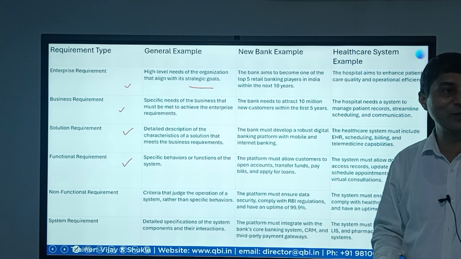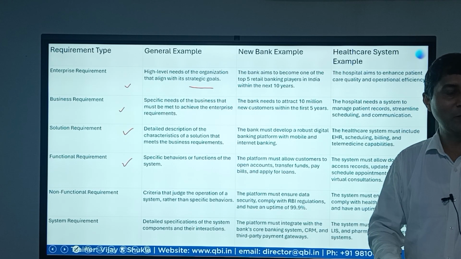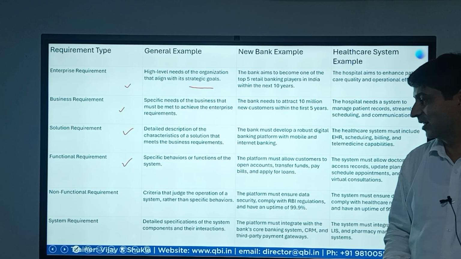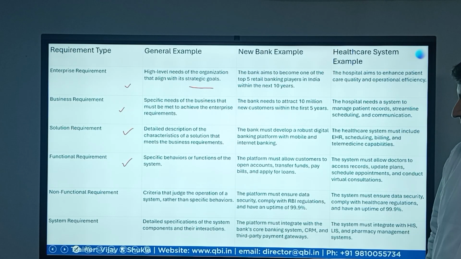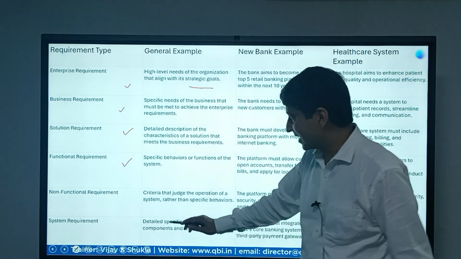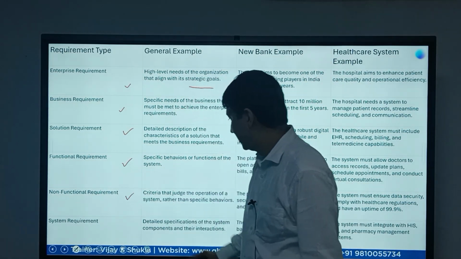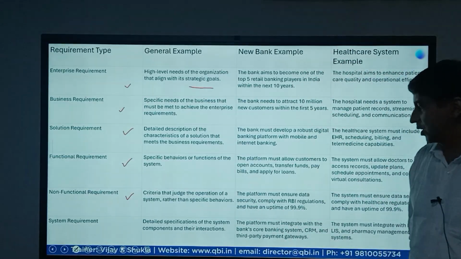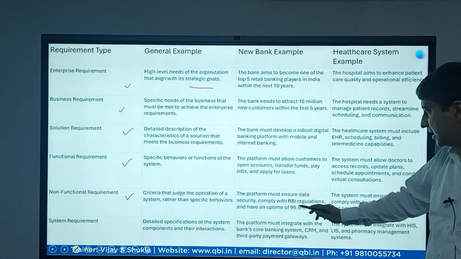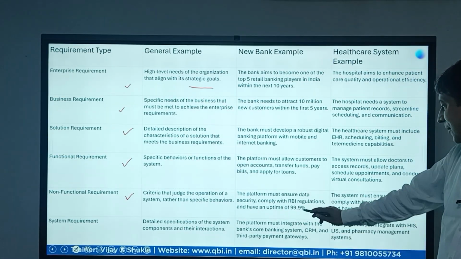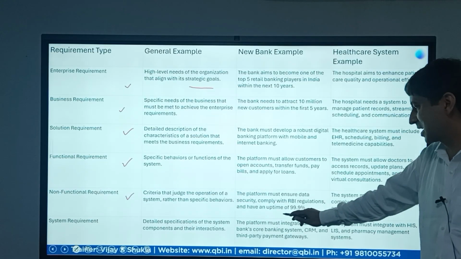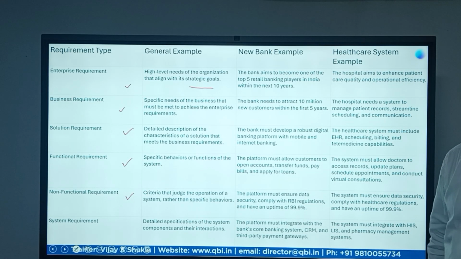So today banking is not only opening a bank account and transferring money. So many other operations are also available. Non-functional requirement. Criteria that judge the operation of the system. The platform must ensure data security, comply with RBI regulations, and must have an uptime of 99.9%.